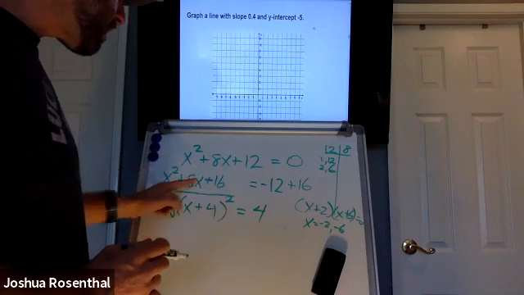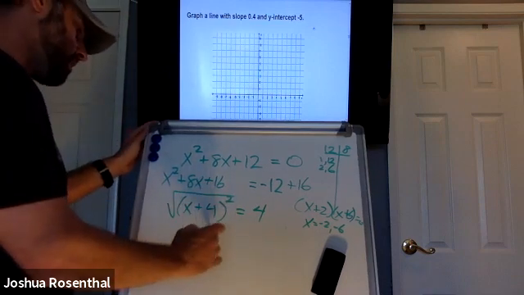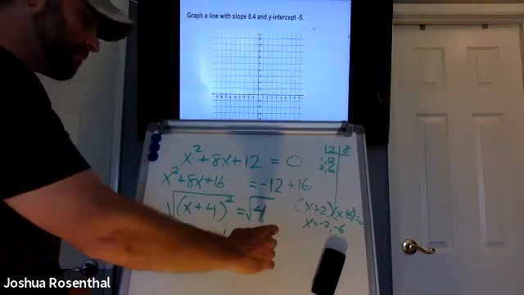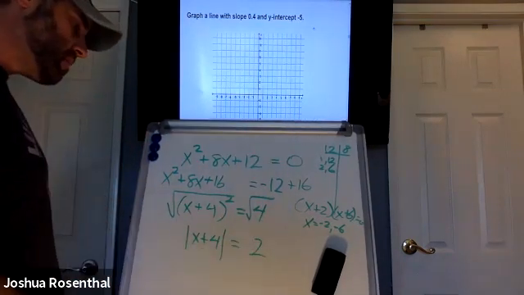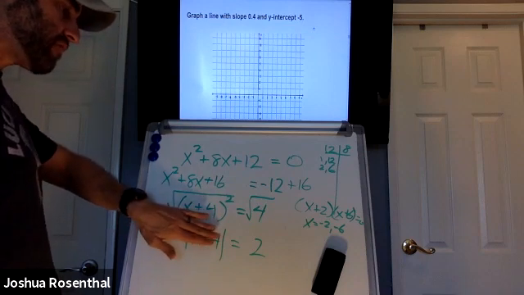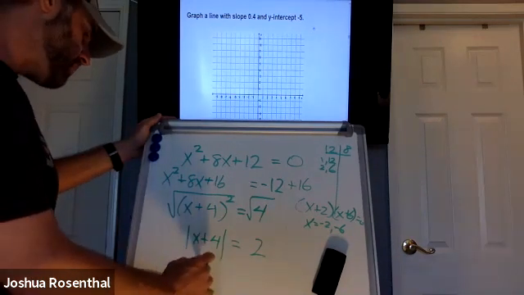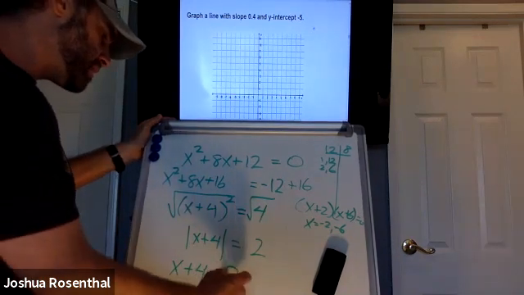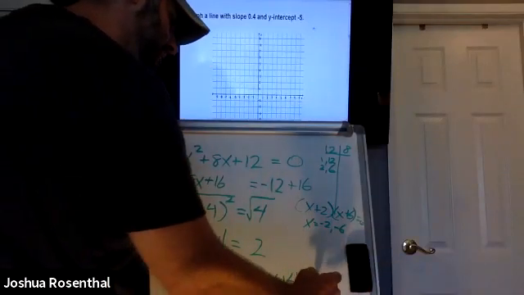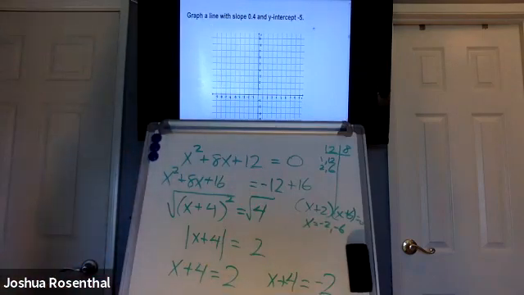So the square root of an unknown squared is the absolute value of x. You have to square root both sides. Whatever's in here could either be 2, or negative 2. So you can say x plus 4 can be 2, or x plus 4 can be negative 2. And when you take the absolute value, either way, you'll get 2.